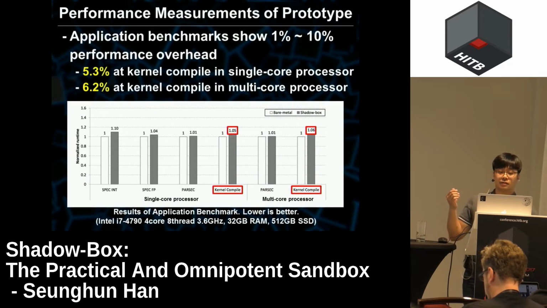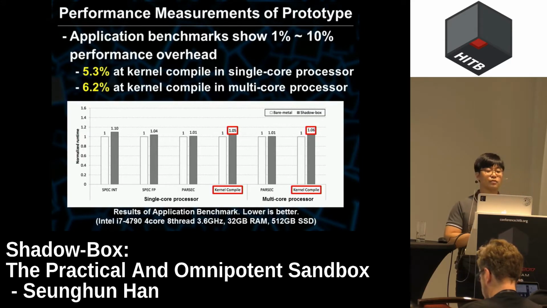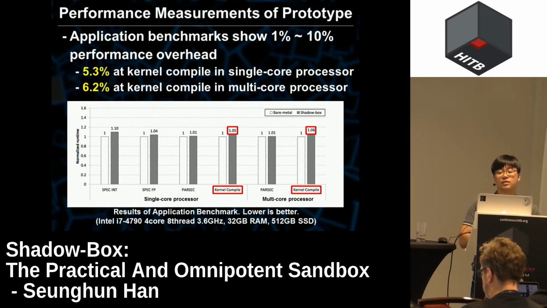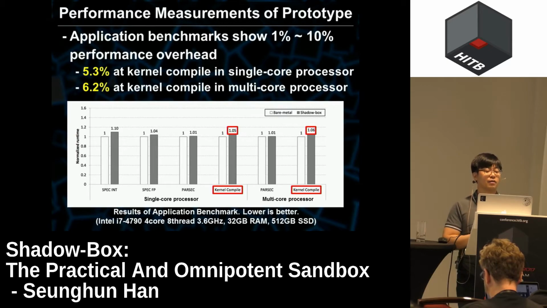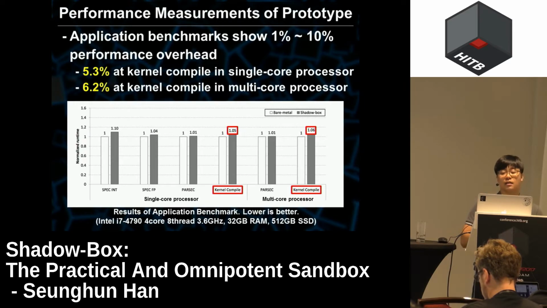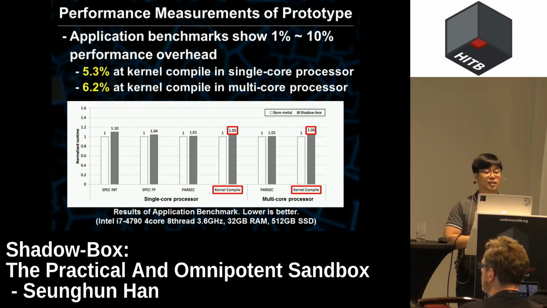This is a result of performance measurement of the prototype. I used a test machine which has an Intel i7 4790 CPU, 32 gigabytes of RAM, and a 512 gigabyte SSD for measurement. SPEC, PARSEC, and kernel compile results show from 1% to 10% overhead in comparison with a bare metal machine.